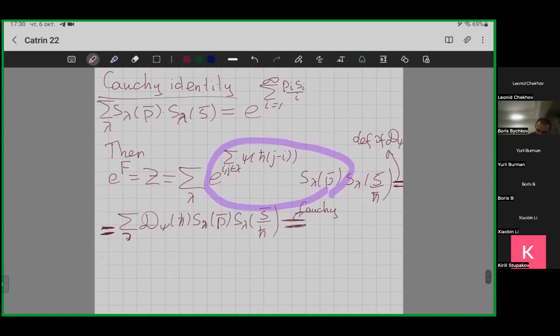You see it here, and we obtain something like this.